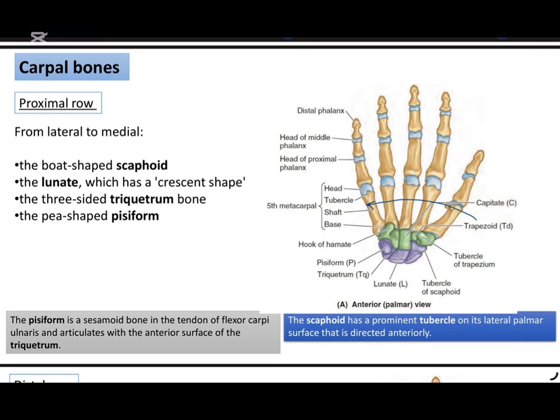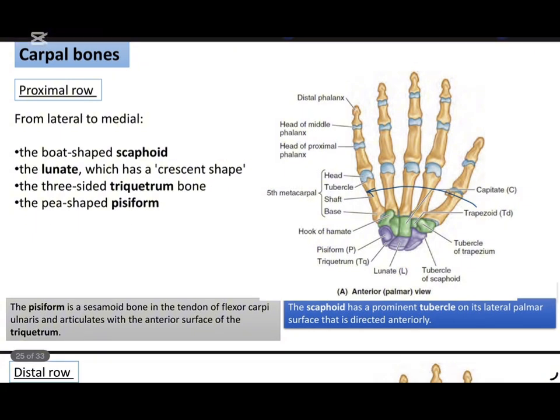Under the middle finger, I have the capitate. And finally, I have the hamate, which has a hook. We call it hook of hamate. Okay? So I call them from lateral to medial. First row, scaphoid, lunate, triquetrum, pisiform. Then I have trapezium, trapezoid, capitate, and hamate.